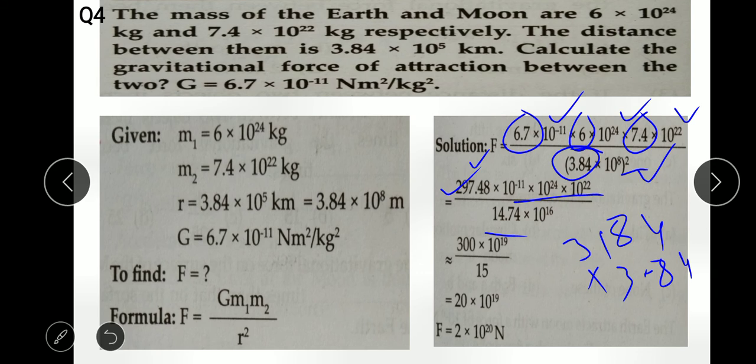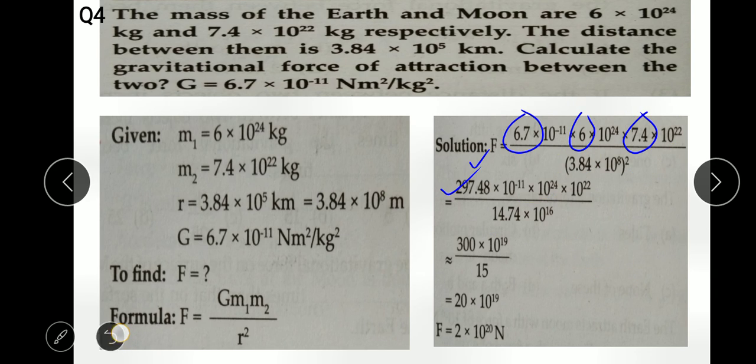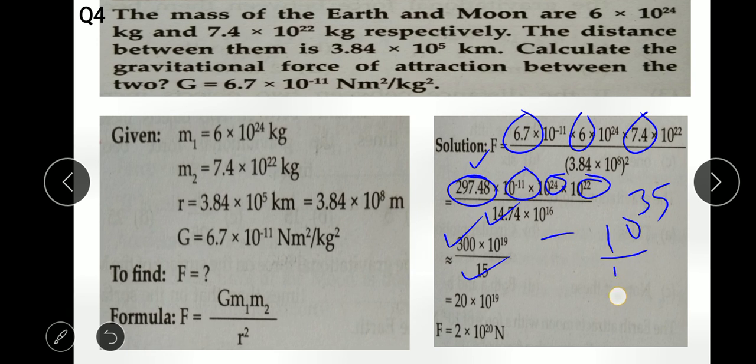Now I'll tell you what to do. Here they have taken approximate values: 297.48 is approximately 300, and in the same way 14.74 is approximately 15. Now 22 plus 24 is 46, and 46 minus 11 is 35, so up it should be 10 raised to 35, and down it is 10 raised to 16.